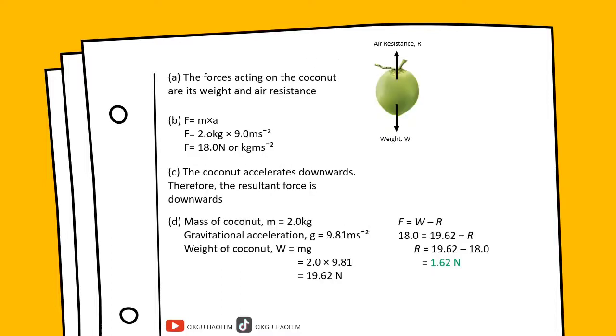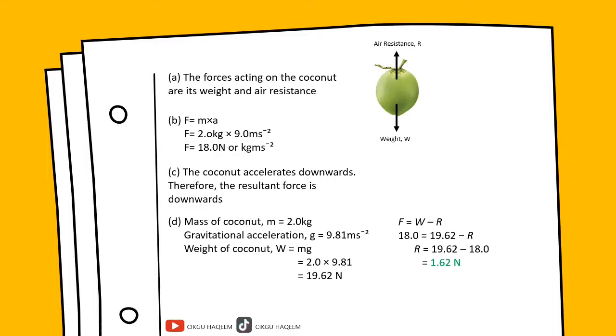For the first question, you want the free body diagram for the coconut. For the coconut, we have two forces acting on it, which are weight and air resistance, and both forces are in opposite directions.